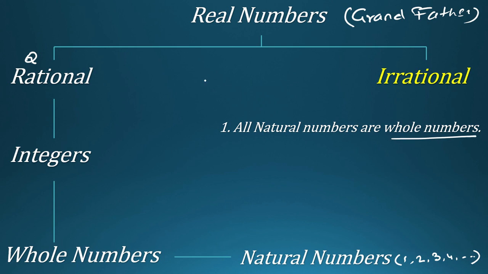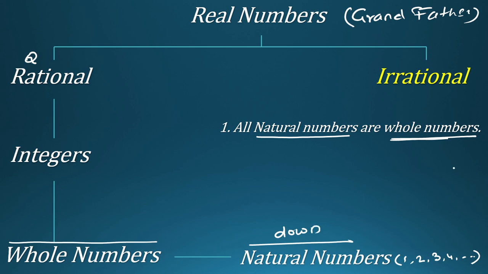If in this family a number comes down to another number, for example, first I said natural number, then I said whole number. So natural number here in the hierarchy is down, and whole number is up. So if the first number is down and the second number is up, then you can use the word 'are' and then it will be correct.